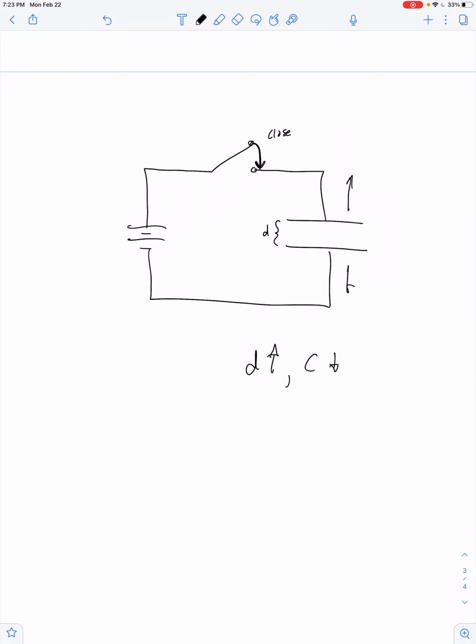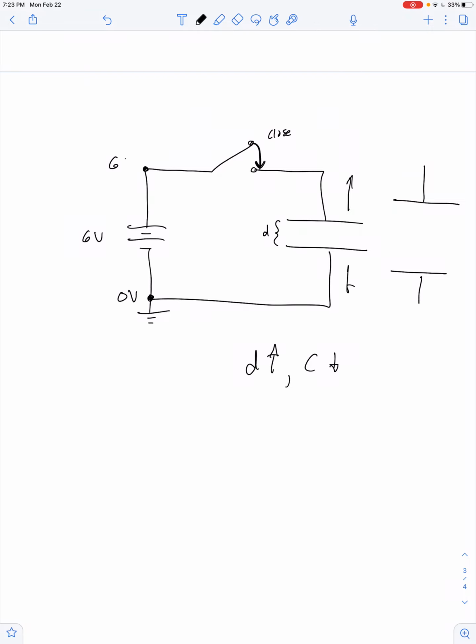If the switch is still closed, as we move these plates farther apart, the one thing that has to stay the same, maybe we put the symbol for ground here, so we know the electric potential at this point in the circuit has to be 0 volt. This could be a 6 volt battery, for example.